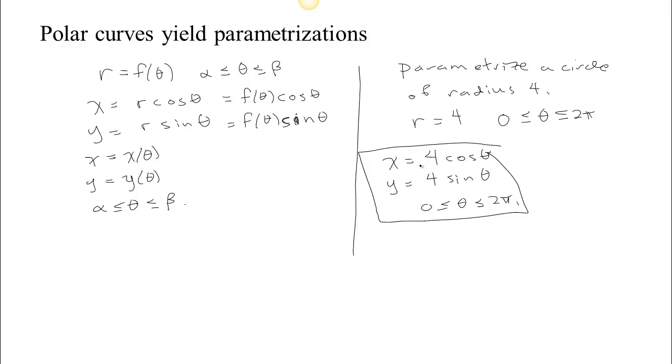Now, we already know on parameterizations how we can do calculus on parameterizations. So remember, when we had x was a function of some parameter t, and y was a function of that same parameter, then we could find the slope of the parametric curve.